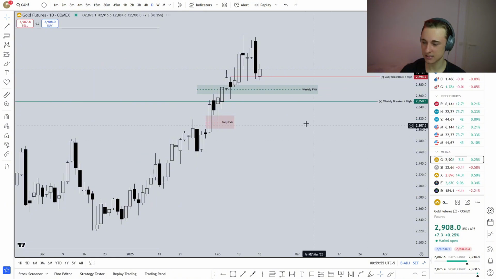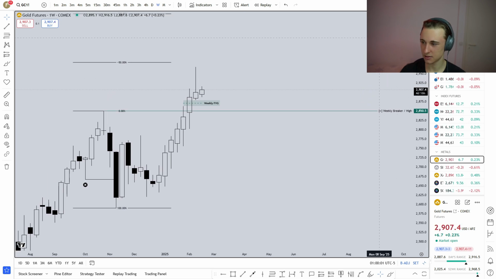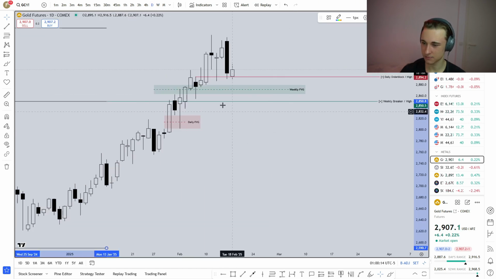And now the last asset is gold. I think with gold, again, our target is still 3,000 for the futures contract. We barely reached the standard deviation from this range we outlined in last week's weekly outlook. We're back at the daily order block high. We're reclaiming this PDRA.